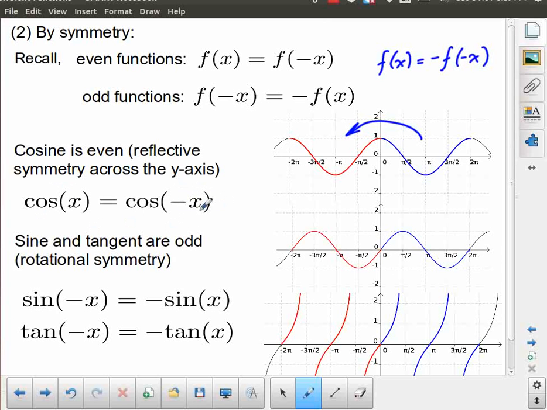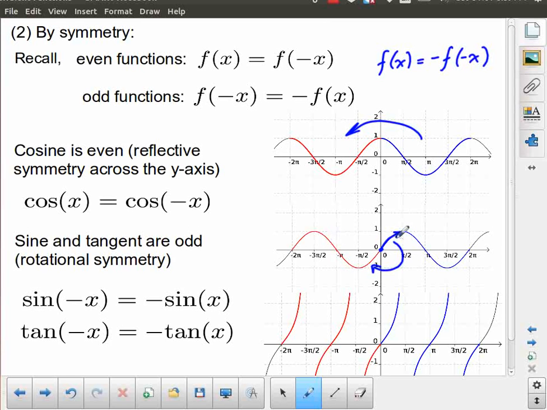In the case of sine and tangent, we have what's known as rotational symmetry. So here we have sine, which starts at 0, 0 and goes up to the right, and then here we have a rotated sine, which is going down to the left. But both of those lie on the parent function for sine.